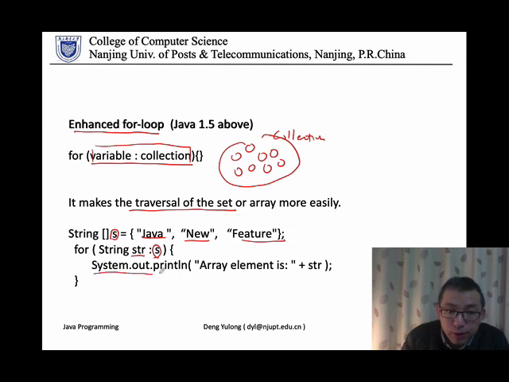So System.out.println, and the array element is put in here. This for loop will automatically access all the items inside the array one by one. We mean traversing the set or the array. We use the enhanced for loop to do the task. It's easier and simpler. Okay.